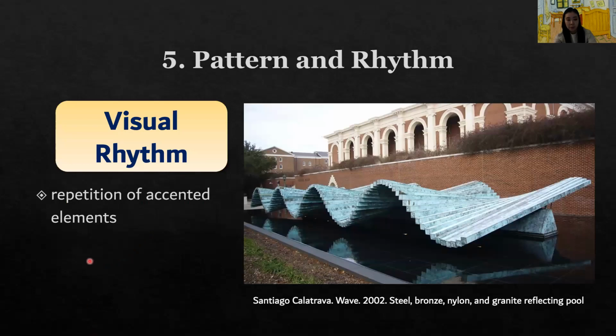The visual rhythm depends on the repetition of accented elements, usually shapes. So it literally shows a rhythm in a visual way, like this sculpture, the wave.